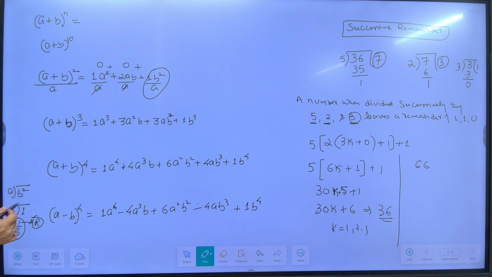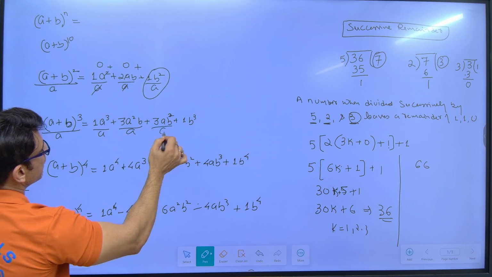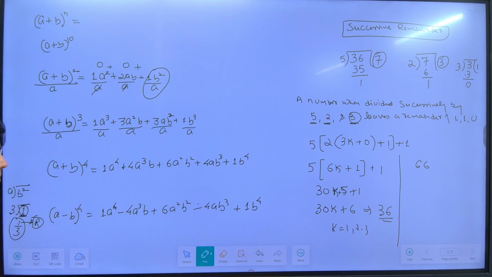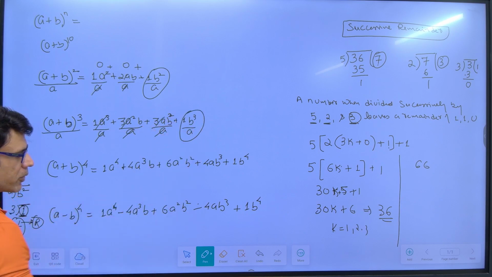You have studied this in lower classes, that if this number is smaller than the divisor, then it itself remains as the remainder. This we know, right? Now understand something. Similarly, if we divide this with a, same as dividing each term with a, the remainder is 0, 0, 0. It depends on b cube.